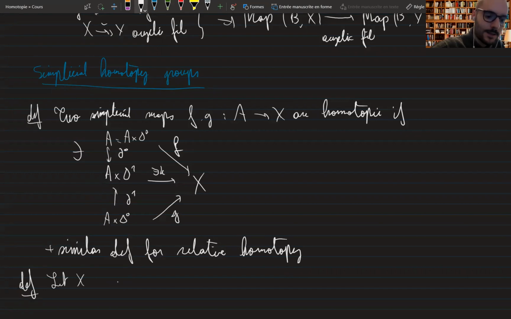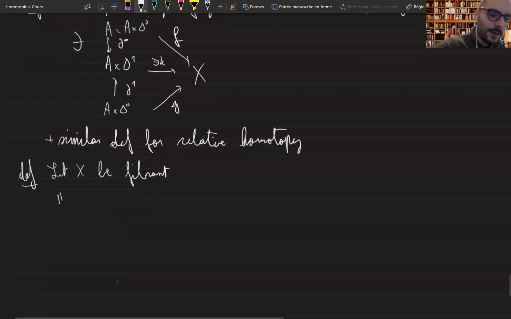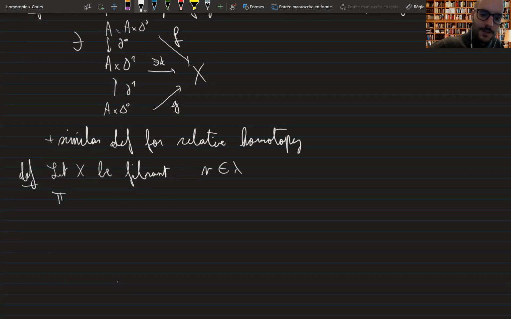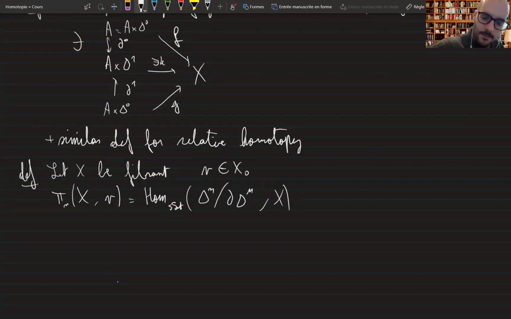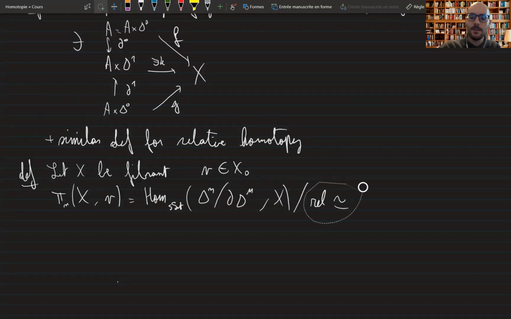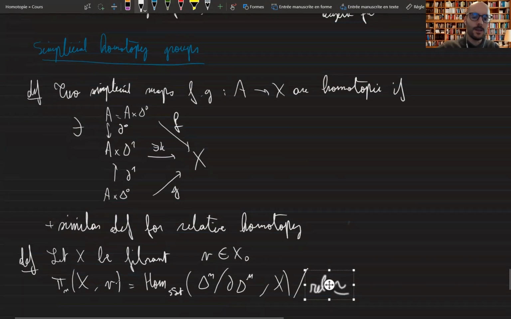And now let X be fibrant. For some vertex v in X0, you can define pi n of X, v as the maps from the simplex with the boundary collapsed, with respect to relative homotopy.